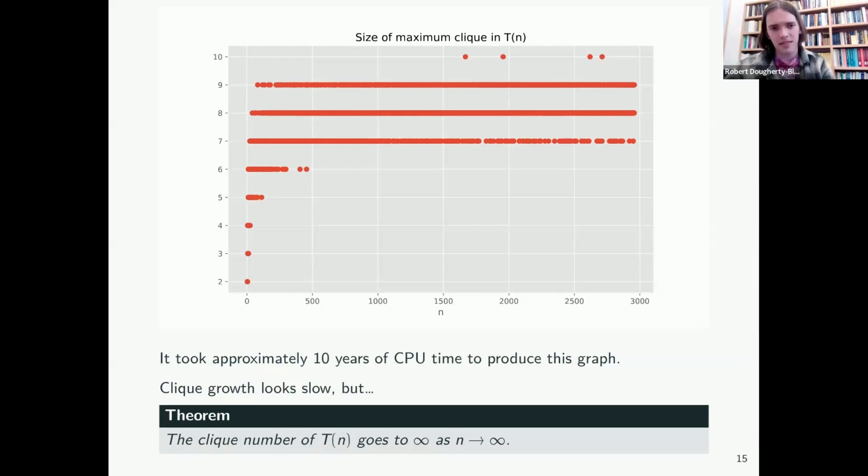For any fixed lower limit, any integer that you pick, 7, 8, 9, 100, whatever, there exists an n such that the clique number of these graphs will be bigger than that limit for a sufficiently large n. So even though this graph right now seems to be stuck at 10 and below, eventually, if you go out far enough, it will always be above 10.